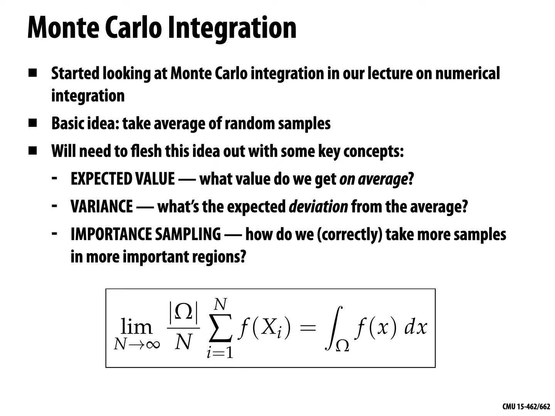Okay? And this average times volume will converge to the integral as long as f is sufficiently nice. Doesn't have to be very nice, but for most functions this will work.